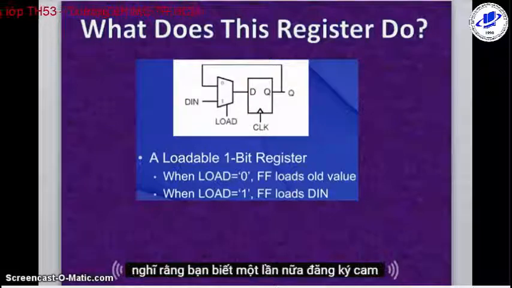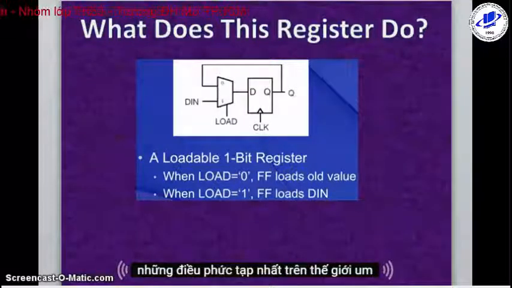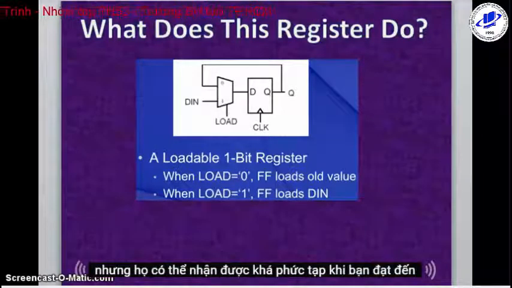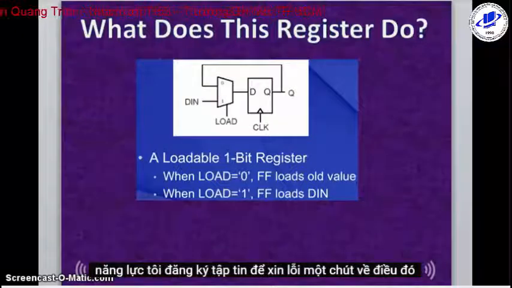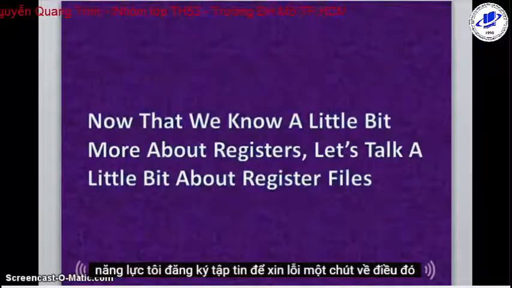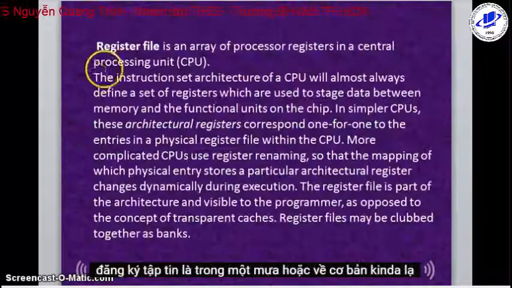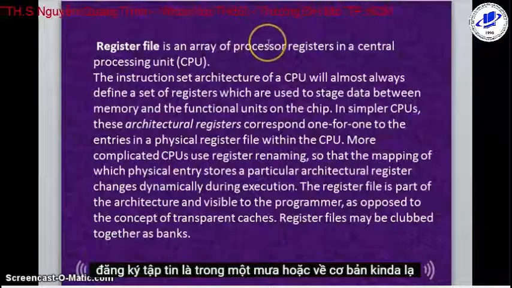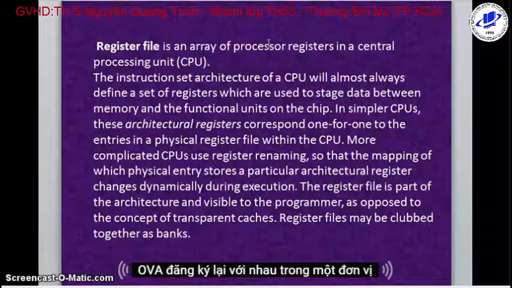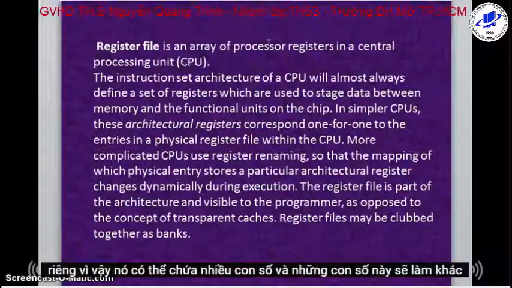Now, once again, registers aren't the most complicated thing in the world, but they can get pretty complicated when you reach the capacity of a register file. So let's talk a little bit about that. A register file is an array, or basically kind of a string of registers together in one unit.